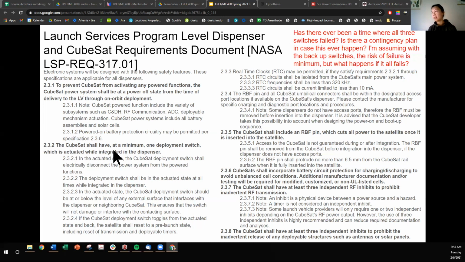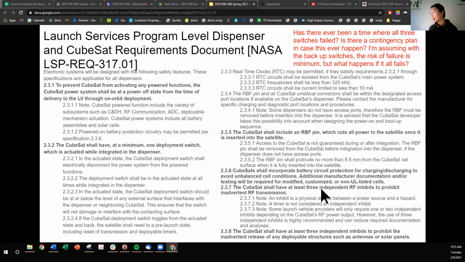The CubeSat shall have at a minimum one deployment switch, which is actuated while integrated in the dispenser. The CubeSat shall include a remove before flight pin, which cuts all power to the satellite once it is inserted into the satellite. CubeSat shall incorporate battery circuit protection for charging and discharging to avoid unbalanced cell conditions.